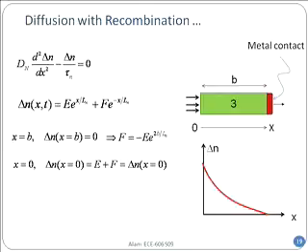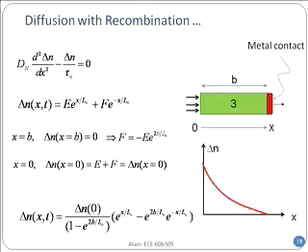X prime was going the other direction. So with x at the metal contact, it again becomes 0. That allows me to relate E and F. And that's it. That's the solution in here. There are a bunch of exponentials floating around. You put these values of E and F in the first equation. This is the solution at the end you will get, right?